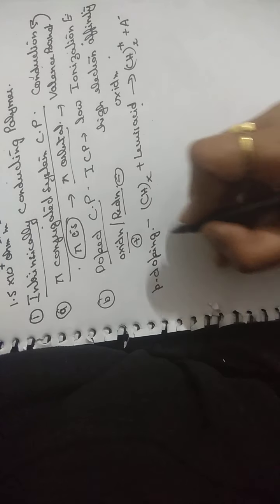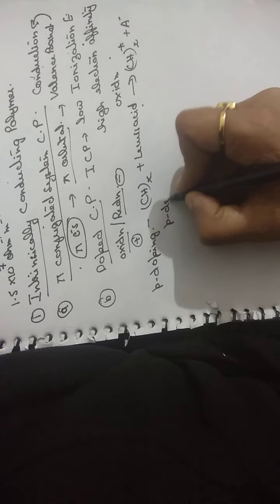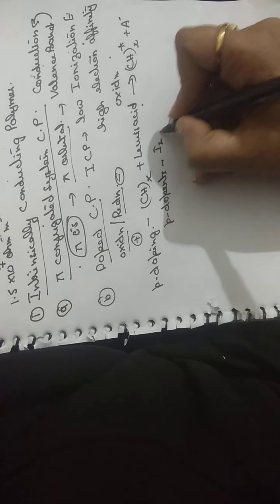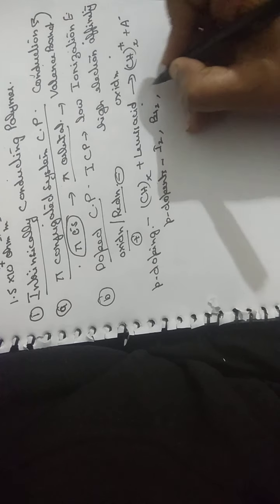Because of the formation of this charge on the polymer backbone, the polymer starts conducting. It takes place in the presence of p-dopants, and they are iodine, bromine, or PF6.